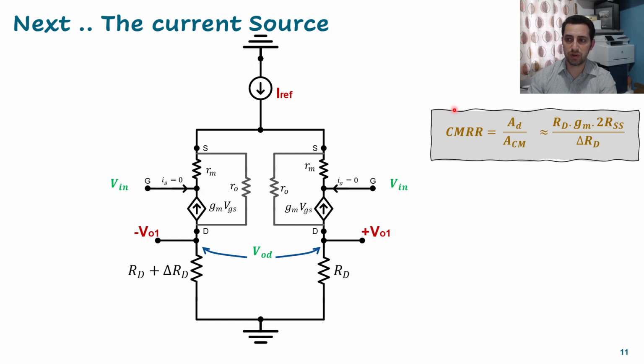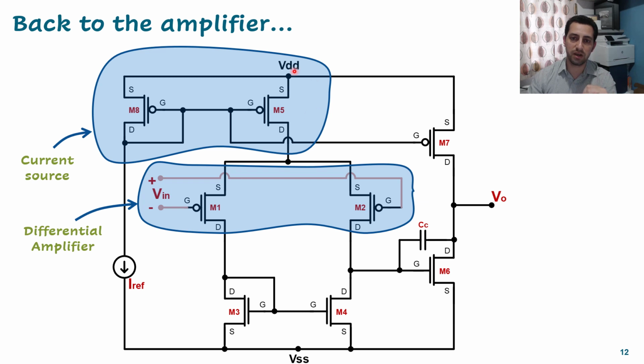And that current source will have very high RSS, and at the same time it maintains the biasing correctly. And that has been synthesized by these two transistors here, and they are mirroring that reference partially or identically to be pushed to that node and biasing these two transistors. So that has been brought to increase the CMRR and rejection to the common mode.